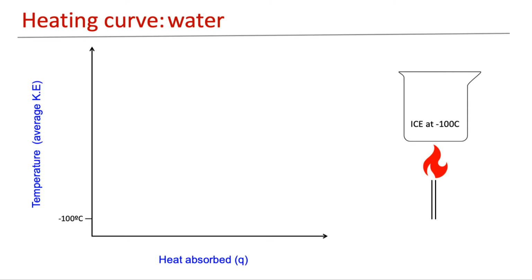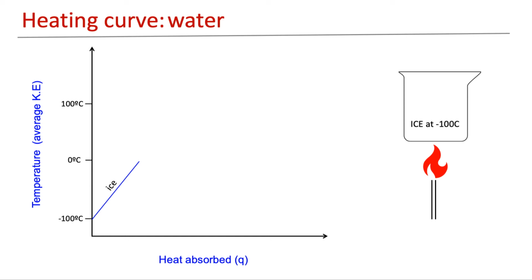As the heat goes into the ice, we notice that the temperature of the ice increases. If we plot the amount of heat added on the x-axis and the temperature of the ice on the y-axis, we will notice that the temperature of the ice increases linearly with the amount of heat added.